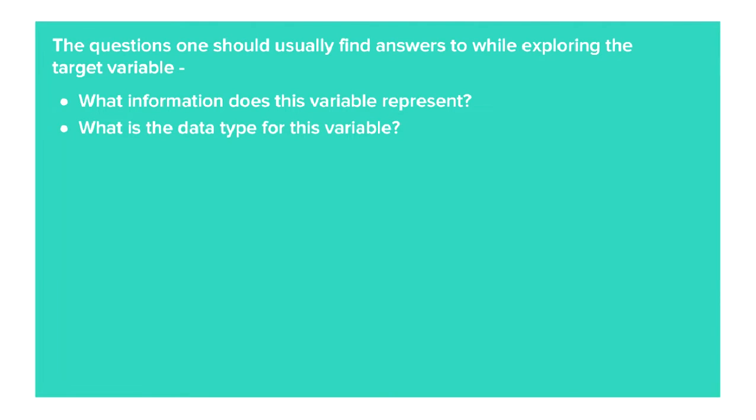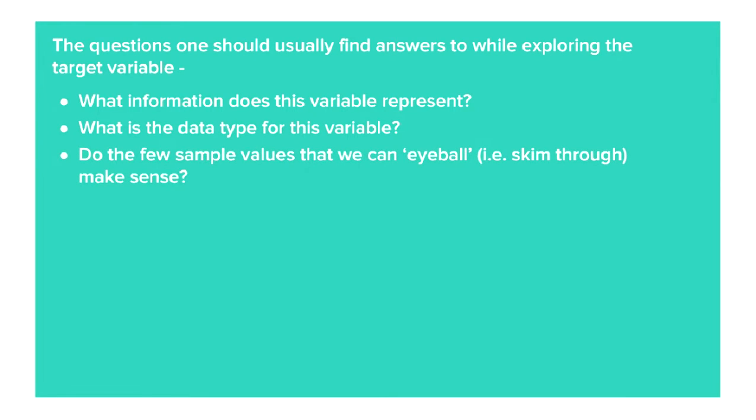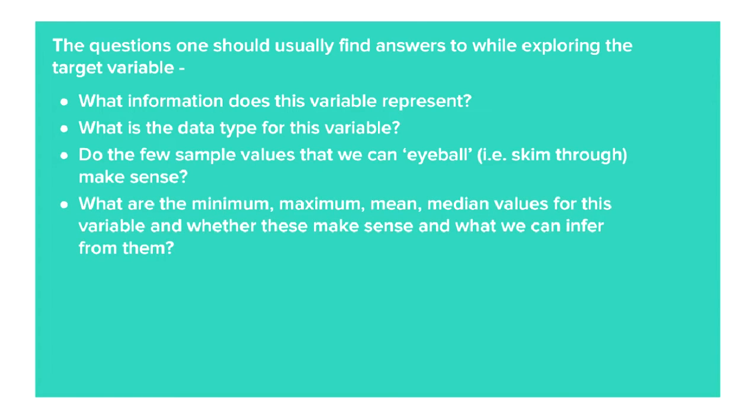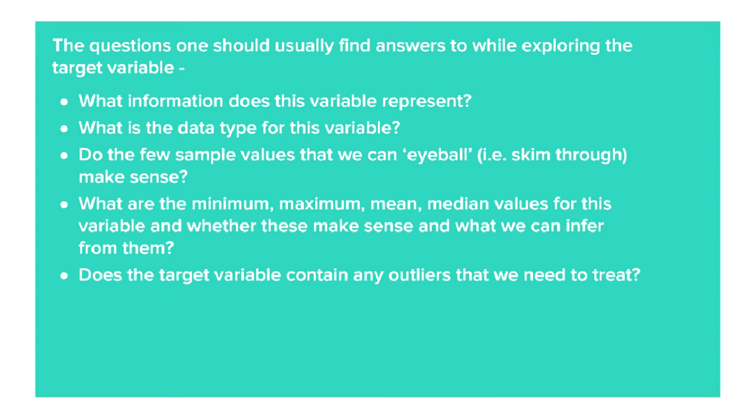What is the data type for this variable? Do the few sample values that we can eyeball, that is skim through, make sense? What are the minimum, maximum, mean, median values for this variable, and whether these make sense and what we can infer from them? Does the target variable contain any outliers that we need to treat?